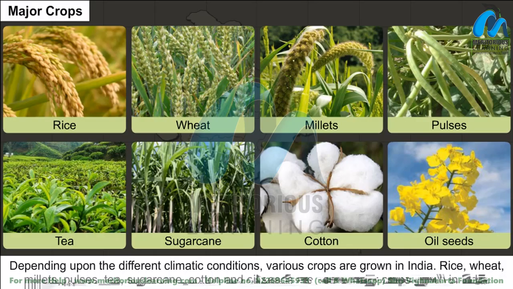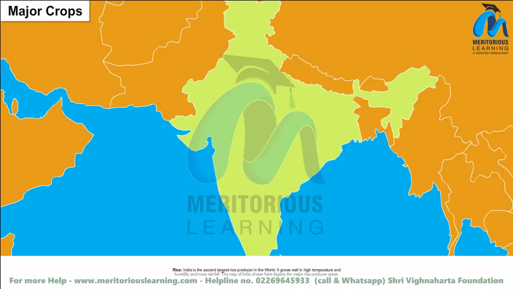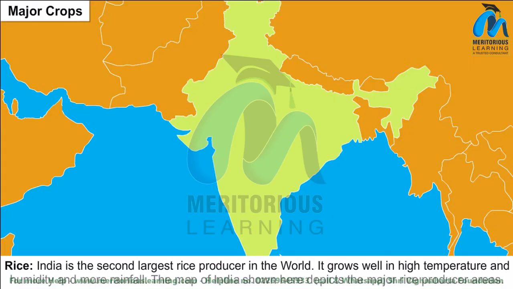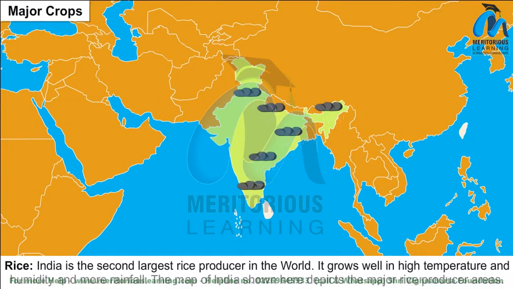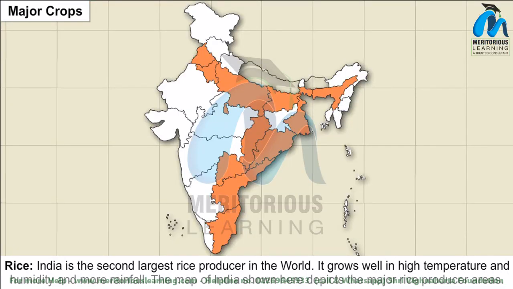Let us know a few of them in detail. Rice. India is the second largest rice producer in the world. It grows well in high temperature and humidity and more rainfall. The map of India shown here depicts the major rice producing areas.